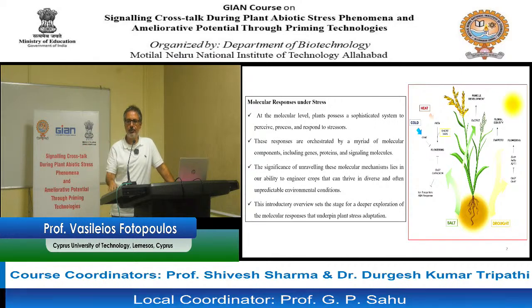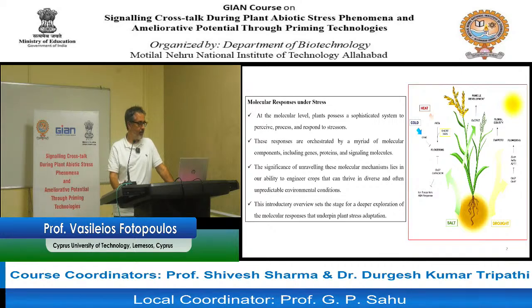So the important thing to remember is that plants have developed a complex biochemical and molecular apparatus. I really get excited working with plants because they really do surprise me on a daily basis, with the things that they're capable of achieving.